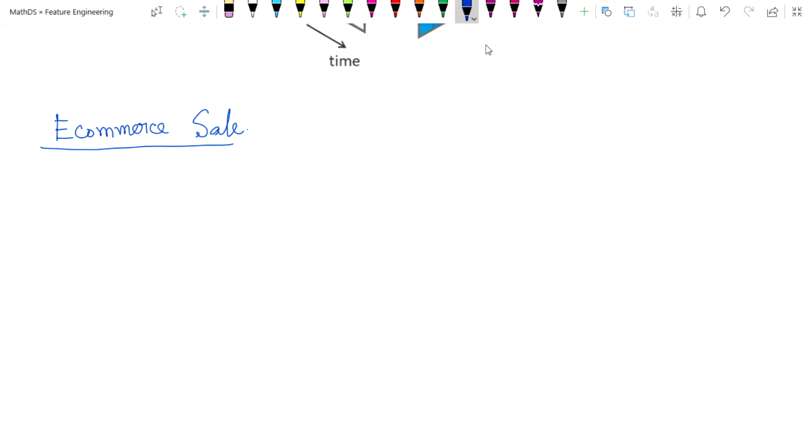If you try to understand this, you can see a very beautiful pattern.